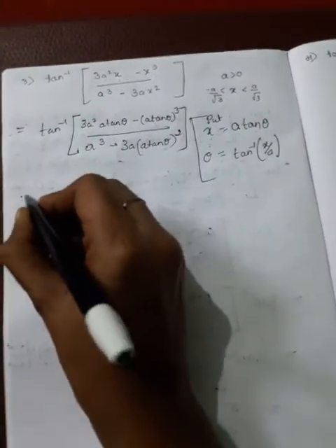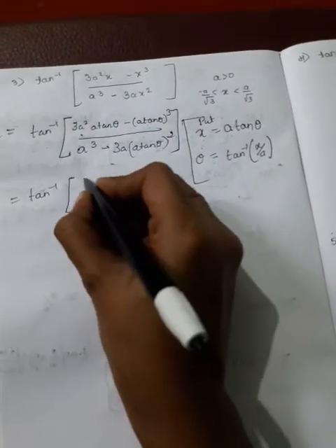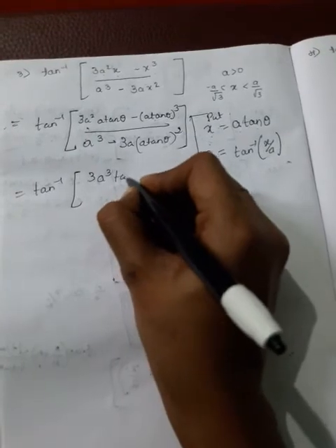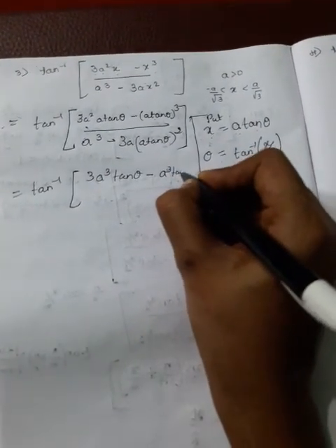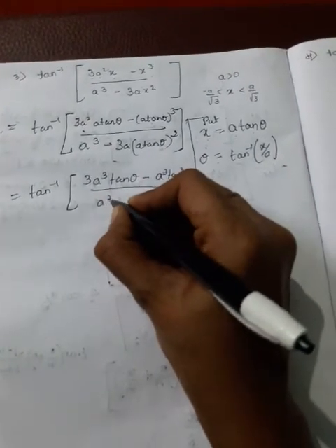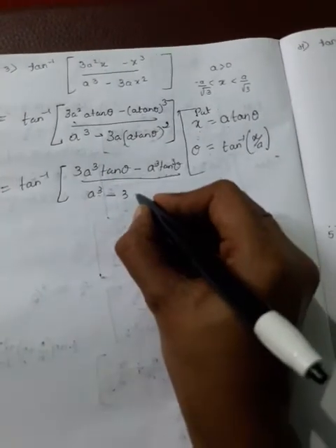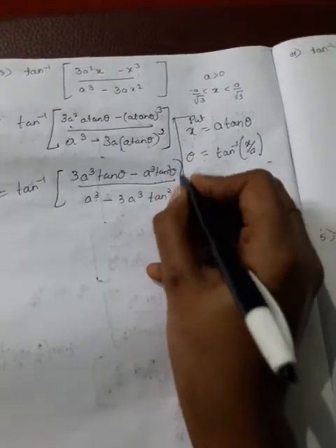Understood? That is equal to tan inverse of 3 as it is, a into a square into a is a cube tan theta, minus a cube tan cube theta, divided by a cube minus 3 into a square into a cube tan square theta.